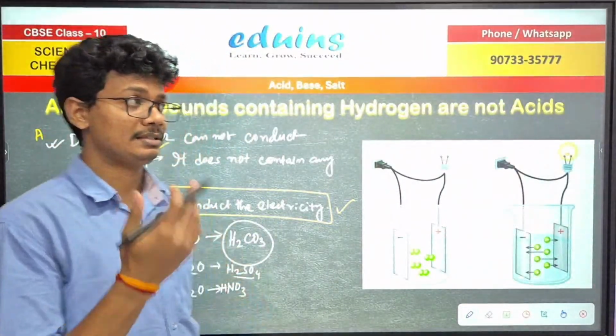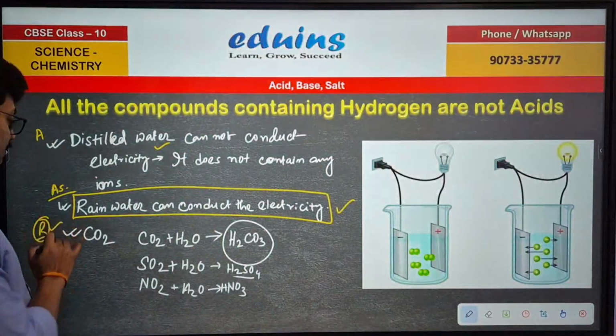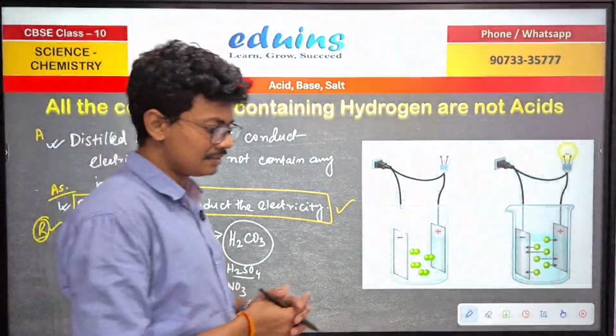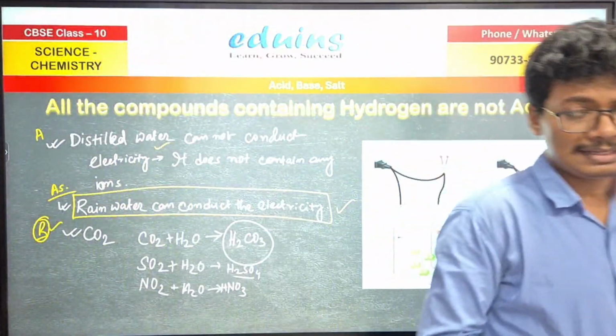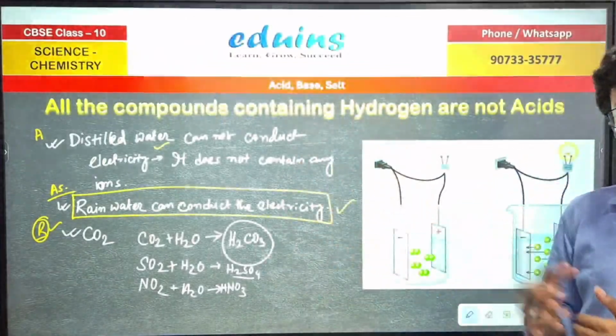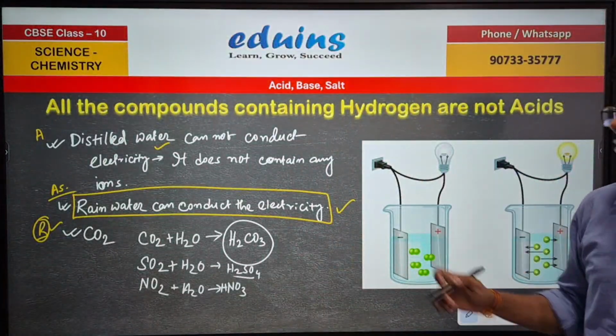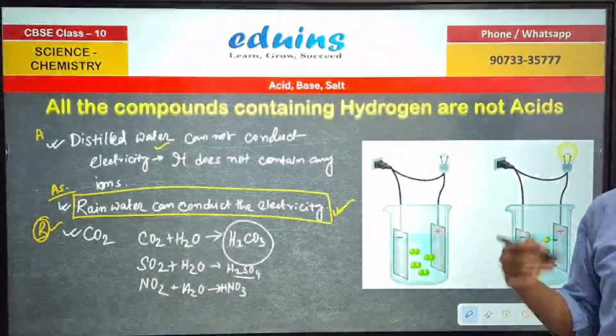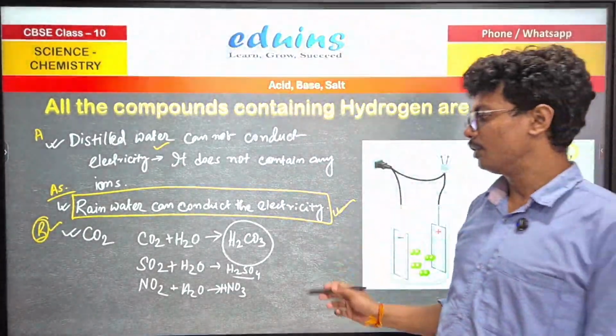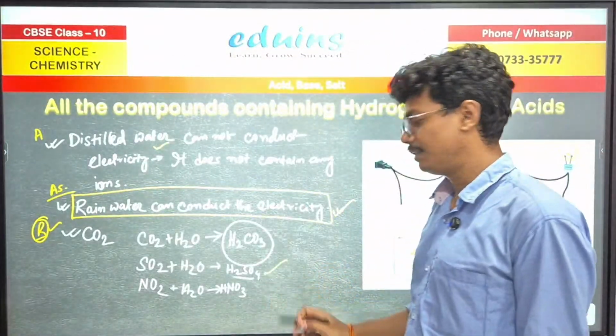So both assertion and reason are true, because the rainwater conducts electricity. Why? Because it contains sulfuric acid.